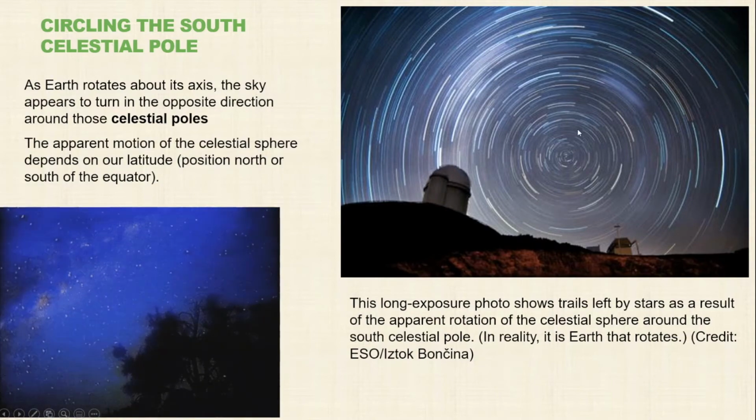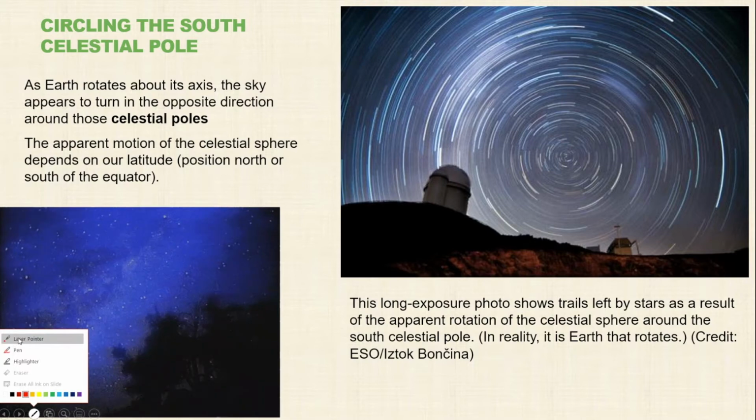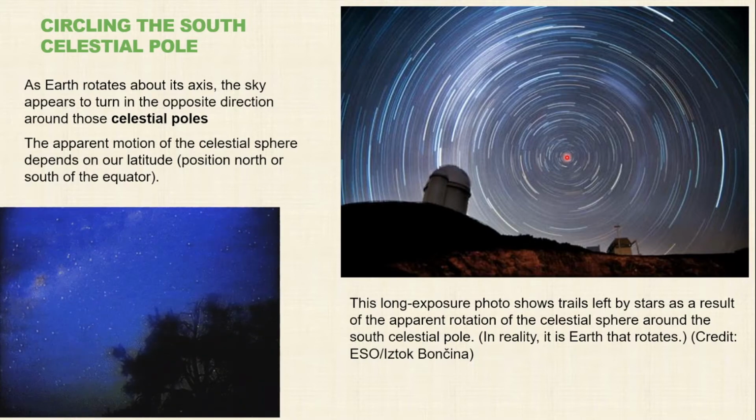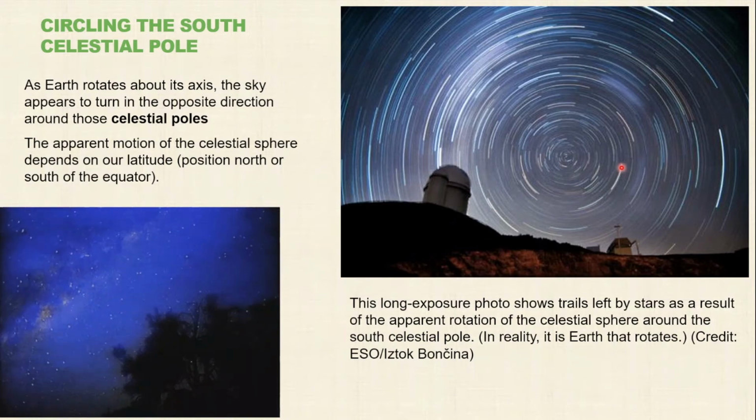And this again is a long exposure picture. I assume this should be about 1 or 2 hours, because the star trail that I see, if I take a snapshot, there would just be stars at one point. But that's what the long exposure means.